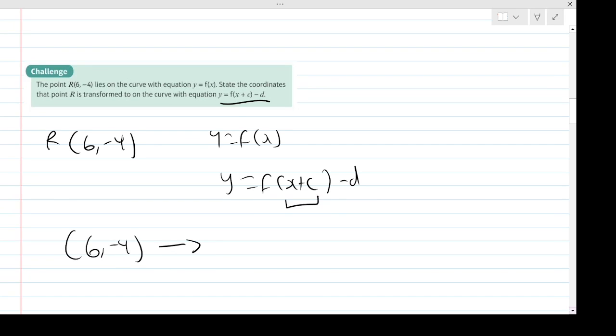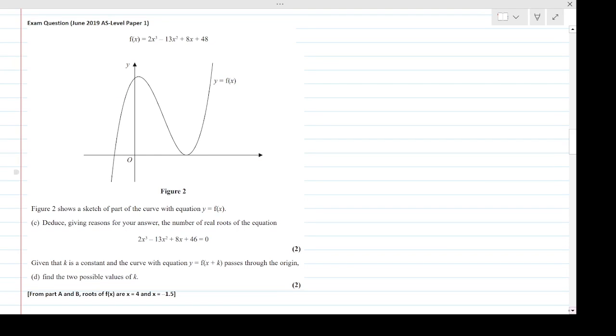So this plus c is inside the function, we do the opposite. So the opposite of plus c is minus c. So we're going to subtract c from x, so it's going to be 6 take away c. Then the minus d is outside the function, so we do what we expect. So we subtract d from y. So the y value of minus 4, subtract d. And that's my coordinate.